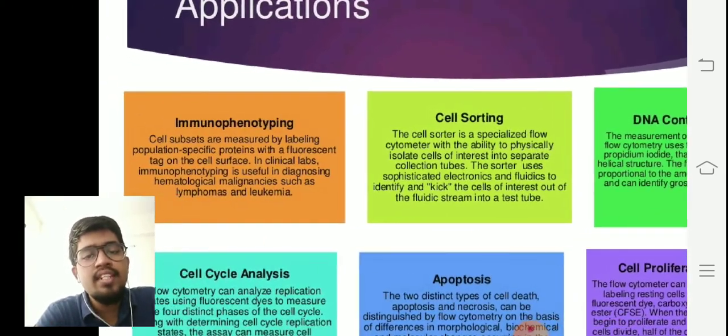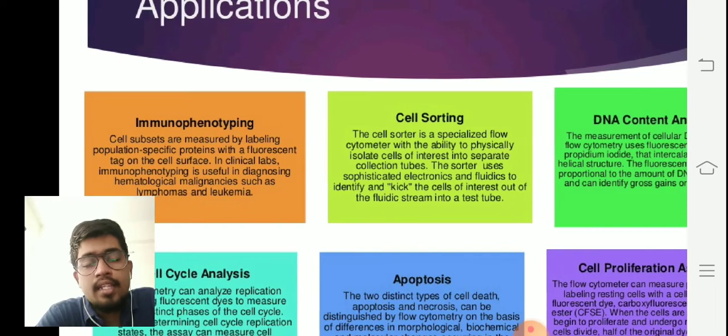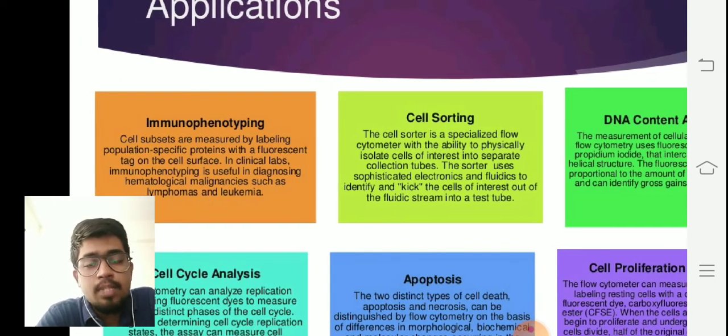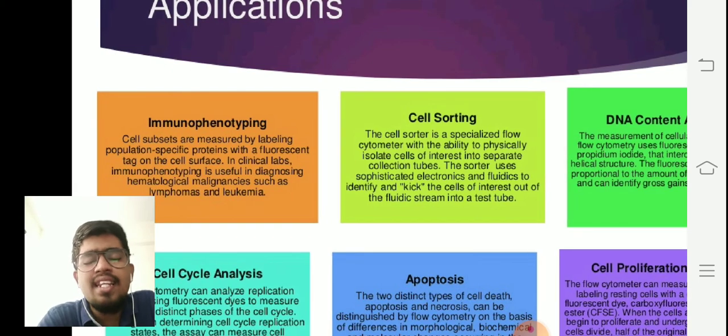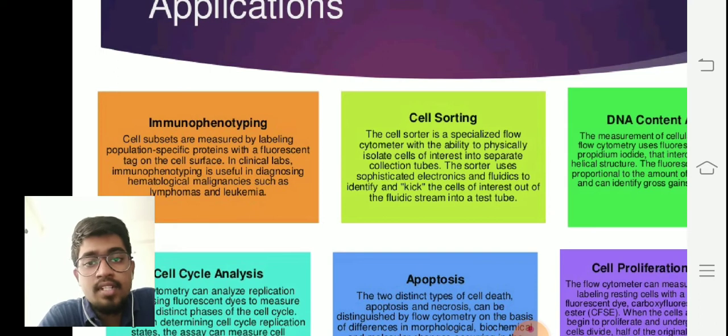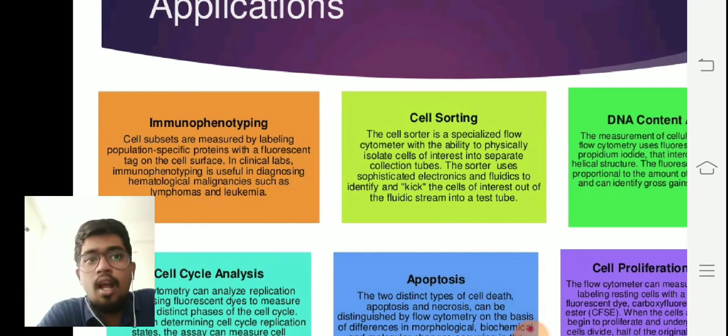Immunophenotyping deals with cell subsets, which are measured by labeling population-specific proteins with a fluorescent tag on the cell surface. In clinical labs, it is majorly used in immunophenotyping, which is very useful in diagnosing hematological malignancies such as lymphomas and leukemias. And in cell sorting, of course, the cell sorter is a specialized flow cytometer with the ability to physically isolate cells of interest into separate collection tubes.